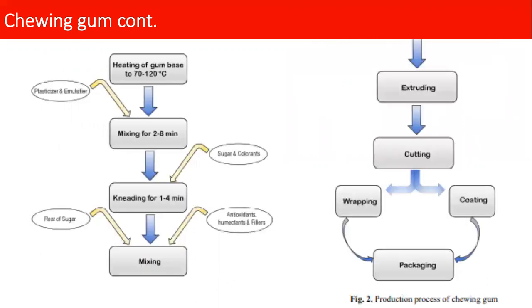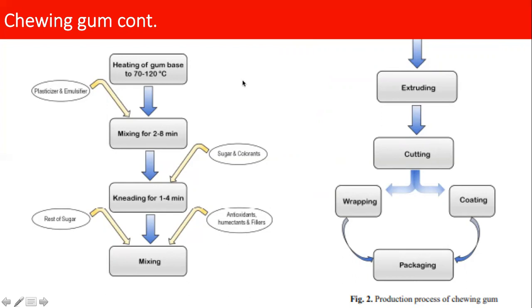And the method. I'm not going to explain the methods. You know the method, and here also you can see. Actually, chewing gums are an extruded food product. And nowadays, it is easy to use extrusion technology to develop bubble gums or chewing gums, right? Heating, mixing, kneading. Kneading, you know, is a unit operation belonging to extrusion, and cutting is there, right?